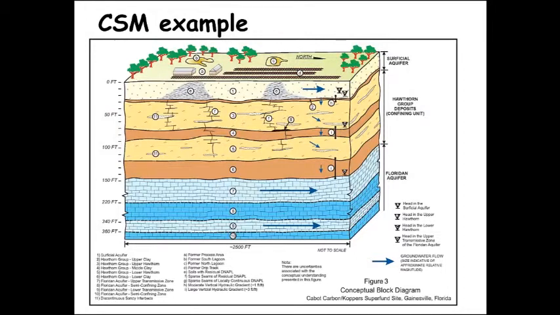Here's an example then of a conceptual site model. The best way to convey this is through a very simple schematic of the site, showing the various types of stratigraphy at the sites, and a sketch of the perceived behavior of the contaminants at the site.